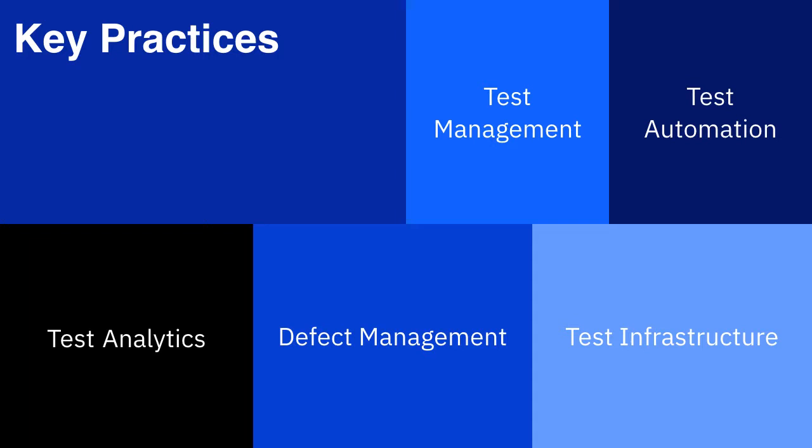You would require a particular type of setup that is needed for your tests to run. And if you have your nightly builds, or if you have your regression tests that are running on a nightly basis or on a daily basis or on a particular frequency, then you would require a setup of these infrastructure as well to support running those tests. So having test infrastructure in place to support your development model is extremely critical for the success of continuous tests.